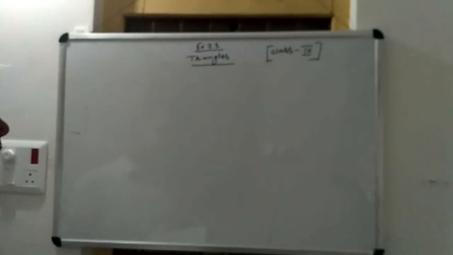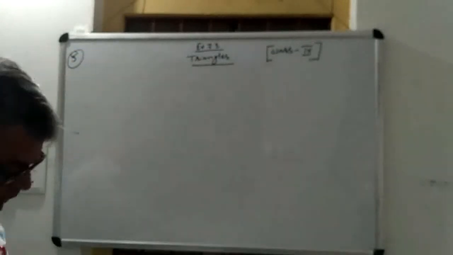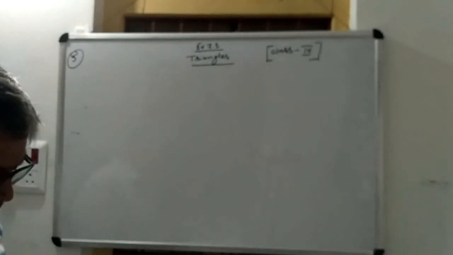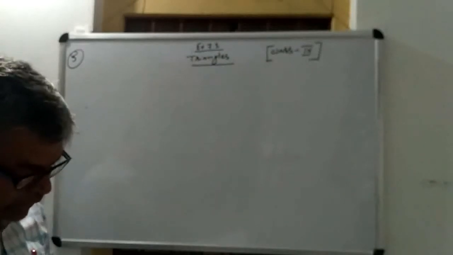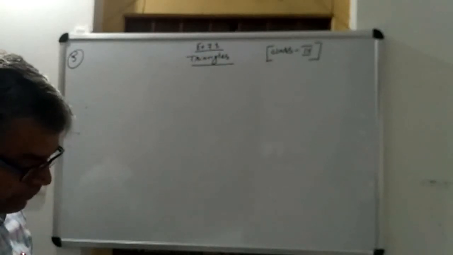Question number 5 is: ABC is an isosceles triangle with AB equals to AC. Draw AP perpendicular to BC to show that angle B equals to angle C.